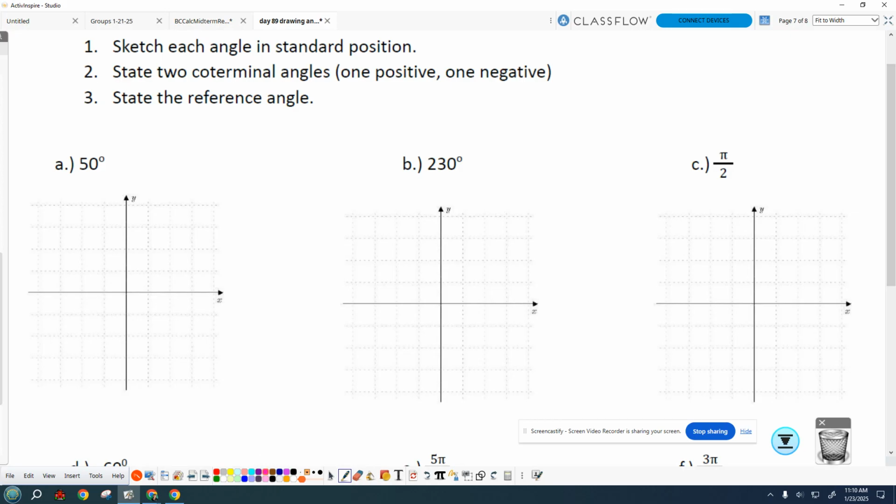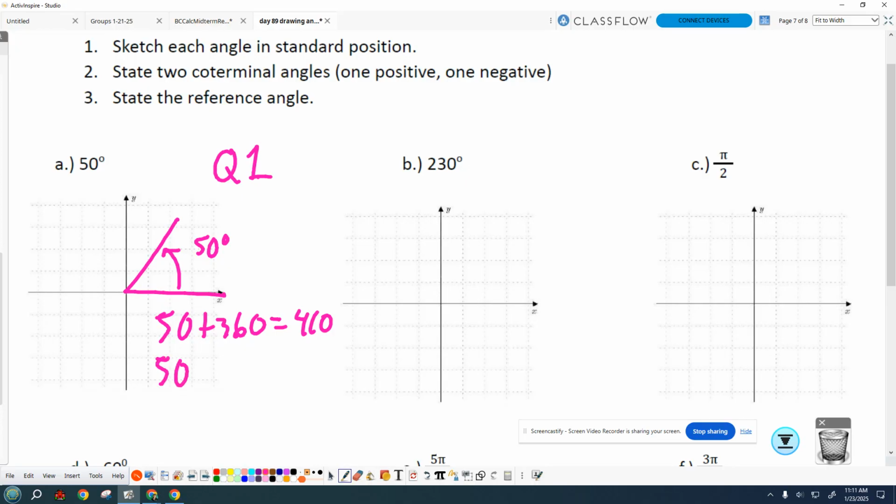So right here, which is on your worksheet, draw the 50 degrees. Okay, there's 50 degrees. What quadrant does it land in? Quadrant 1. State 2 coterminal angles, one positive, one negative. So to find a positive coterminal angle, add 360. Do we have to draw them?